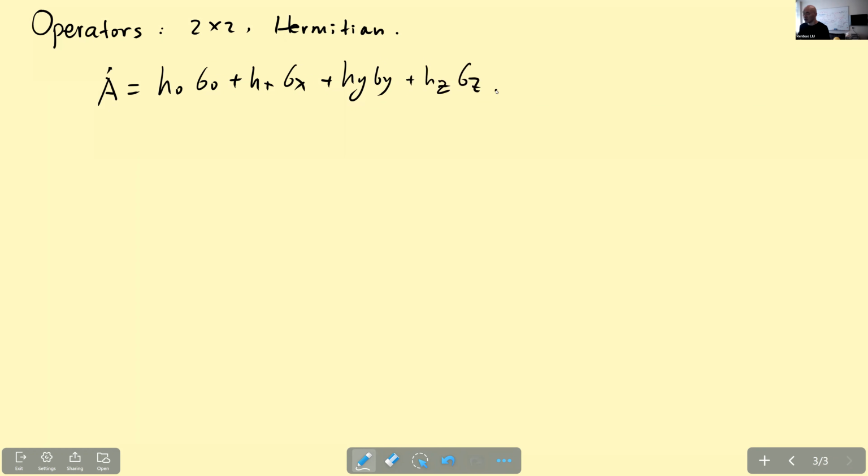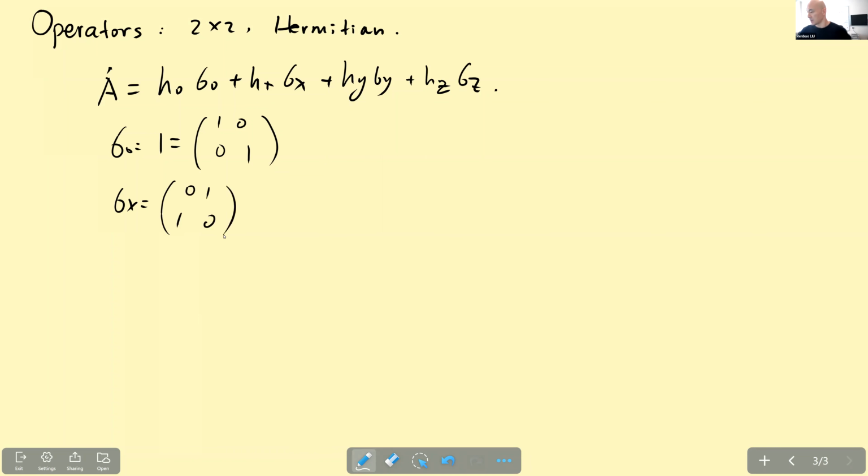Okay. With these Pauli matrices, sigma 0 is just a unit, and sigma x and sigma y, they are all Hermitian operators.